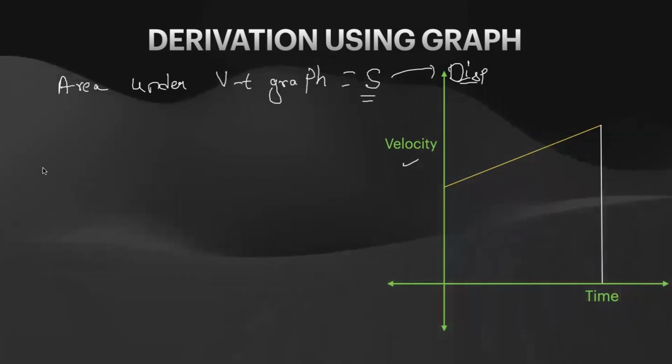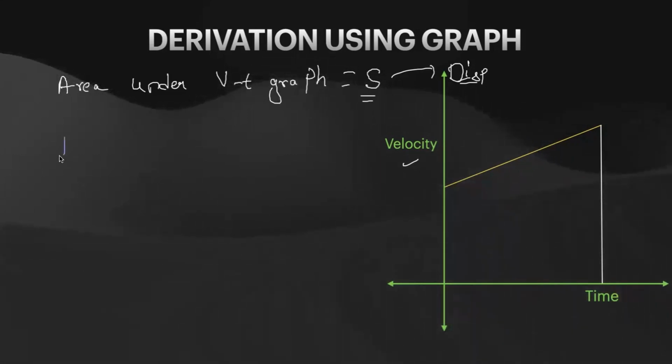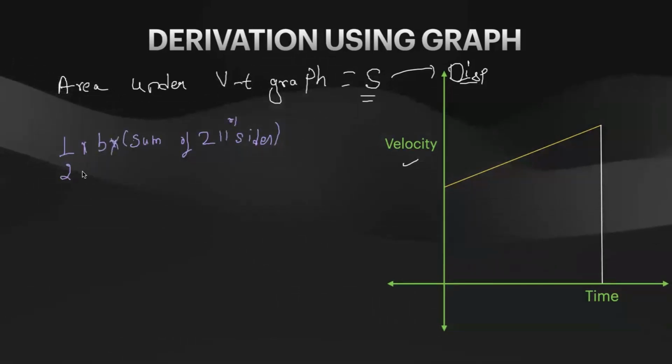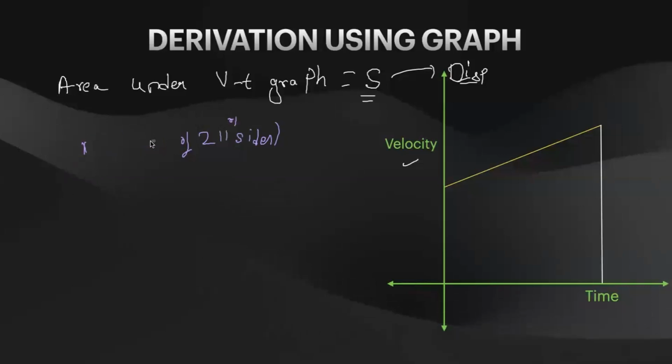Directly we can find the area using the formula half into base into sum of two parallel sides. This is the formula for the area of a trapezium. But since some of you don't know this formula, we will do it from basics.